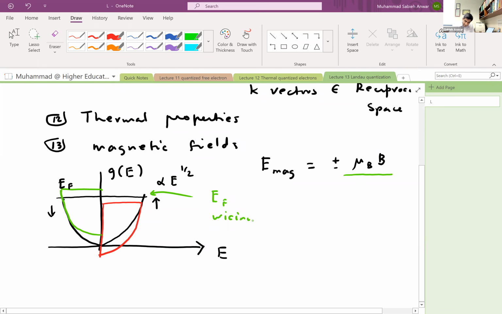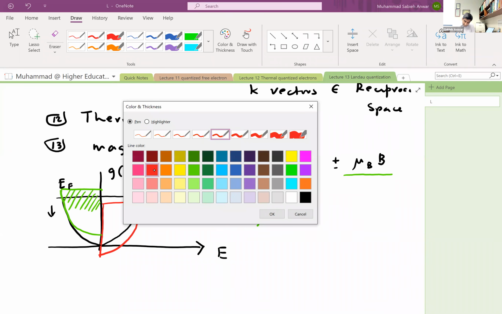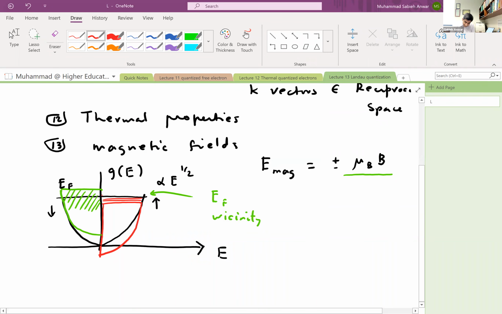So in the vicinity of the Fermi energy, around here, there is a mismatch of occupancy. The spin down electrons have high energies, but they already see vacant energy levels here at the same or even lower energy. So what they would like to do in the process of equilibration is to flip their spins and acquire the lower energy. That's what every system would like to do as it achieves equilibrium.